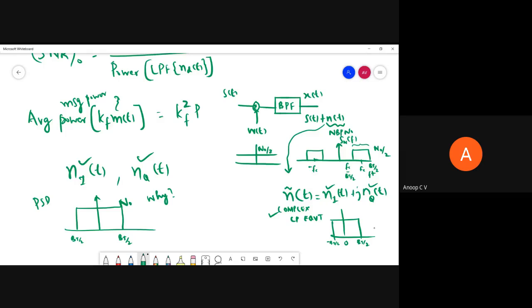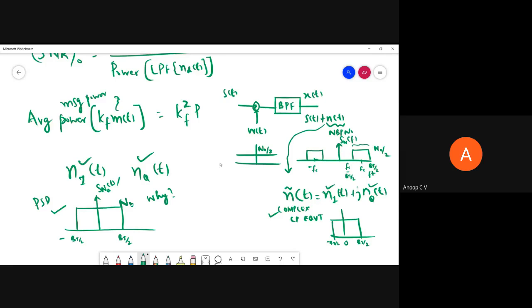What you need to appreciate is that the power spectral density of nq of t is like this. It has frequency content from minus Bt by 2 to plus Bt by 2, and the spectral density over this range is N naught. That is what you have to keep in mind.